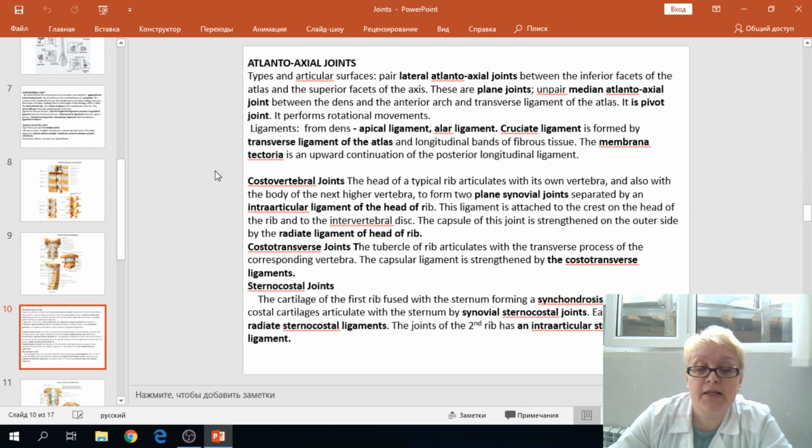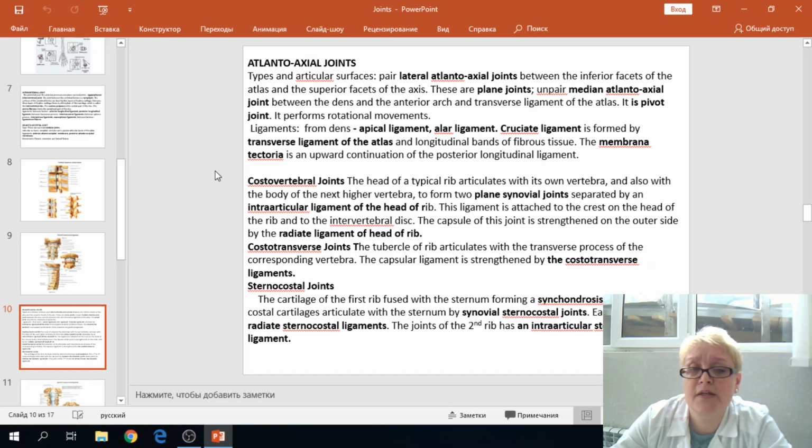Next joint, the atlanto-axial joint. It's the joint between the first and second cervical vertebrae. The type and articular surfaces: this is a complicated joint, because it's formed by the two lateral atlanto-axial joints, which are present between the inferior facet of the atlas and the superior facet of the axis, and the type of these joints is plane joint, and the unpaired median atlanto-axial joint, which is present between the dens and the anterior arch of the atlas and the transverse ligament of the atlas.